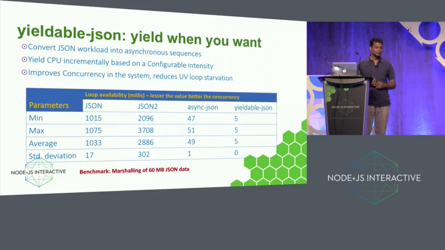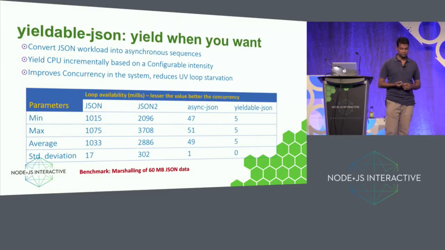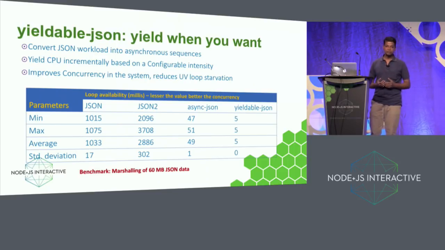That's the number of milliseconds before the single-threaded Node is available in the loop to serve the next set of clients. The last one, because we custom tailored the loop availability, we could choose the interval at which we want to revisit the event loop. It's always constant, 5 milliseconds, without any standard deviation. So that works perfectly for your workload situation.